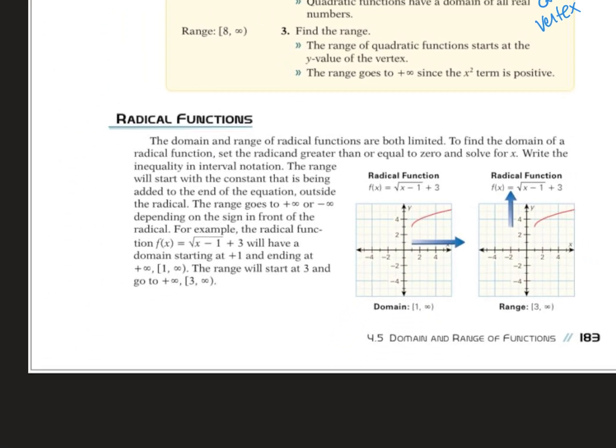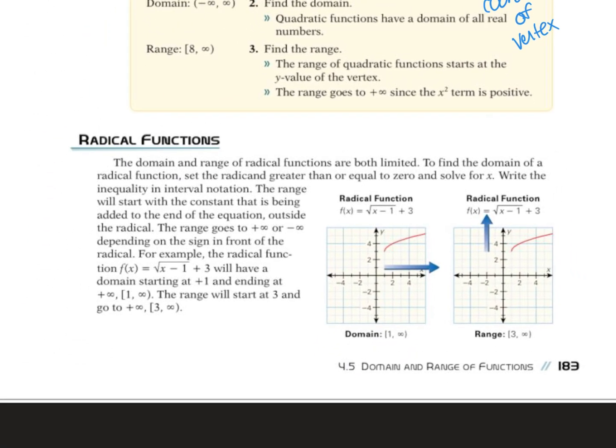So, radical functions. Those are ones with square roots. This is where it gets different, because you have to think about what's going to make it real or not. Can we have a negative under this square root?